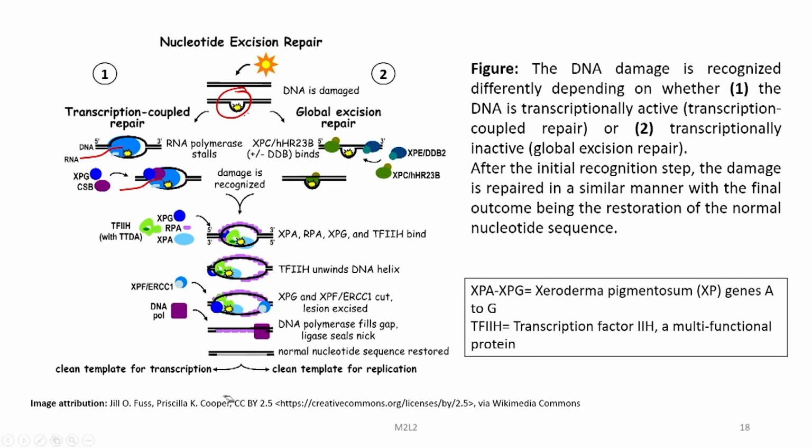We will not go into details of the various factors and enzymes which are involved in this mechanism, those are shown here in this figure. For your interest, you may study this pathway to understand the mechanism in detail.